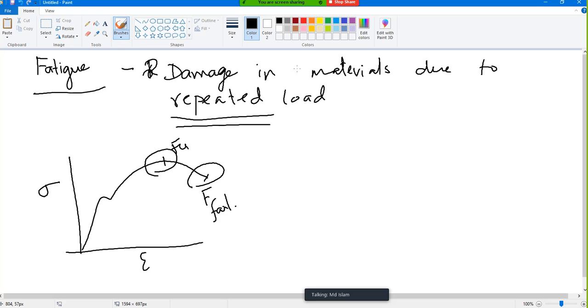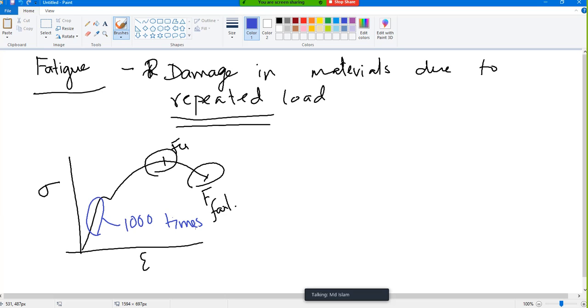And in the lower region, when we are in the elastic limit, if I apply this amount of stress, my material will not fail. But if I apply this amount of stress, say 1,000 times, then it might fail. That phenomenon is called fatigue.